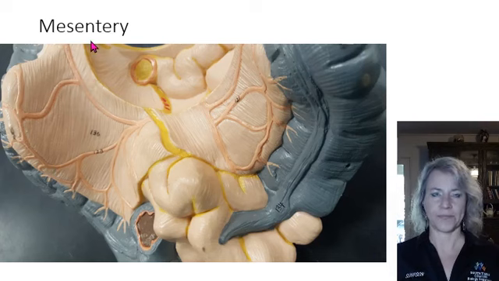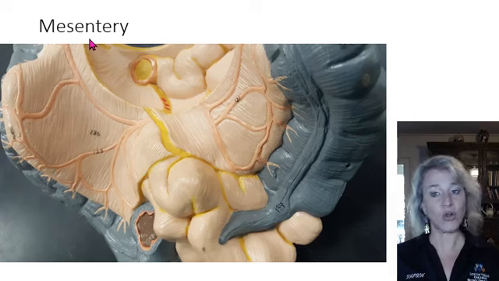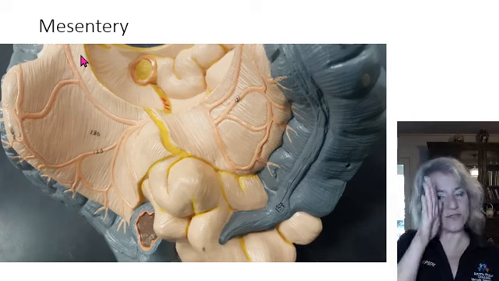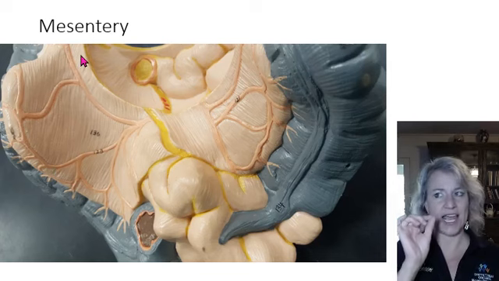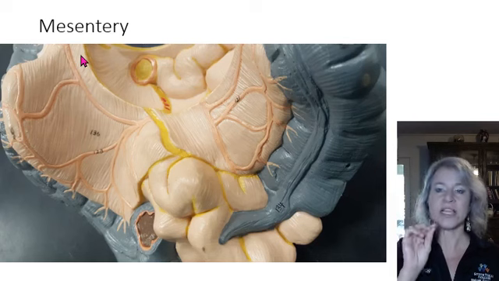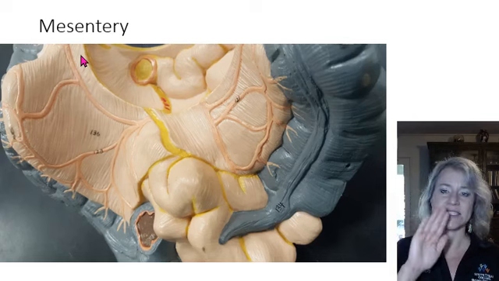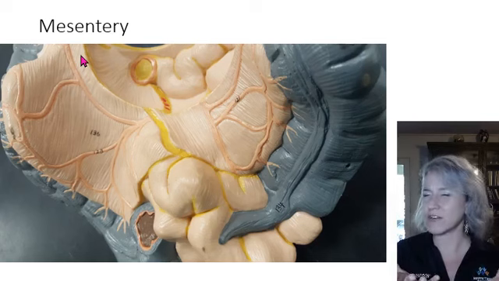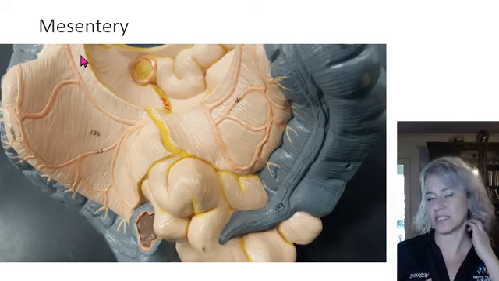Mesentery. Okay, mesentery is a double fold of peritoneum. So the peritoneum is two layers. It has the visceral layer that is attached, and it has the parietal layer that is not attached, right? So it's two layers. But the mesentery is a double fold of peritoneum. So how many layers is the mesentery?